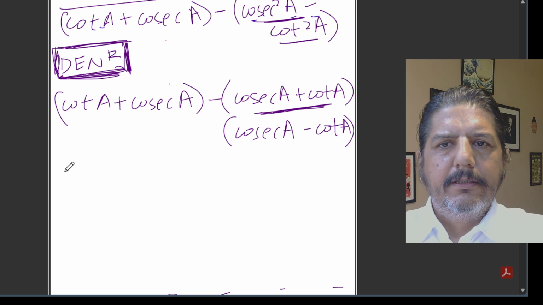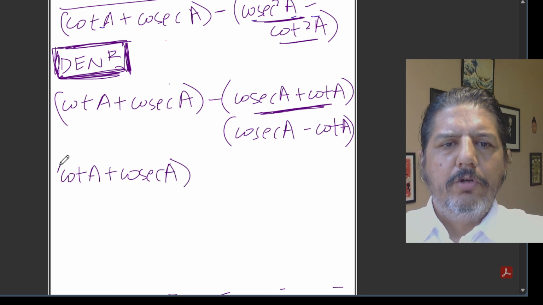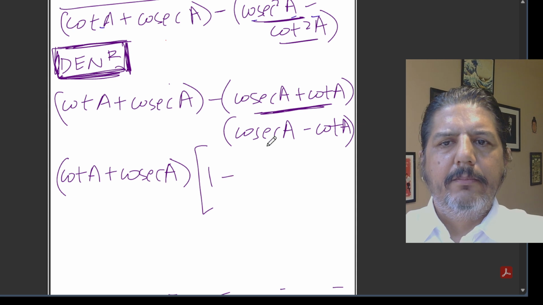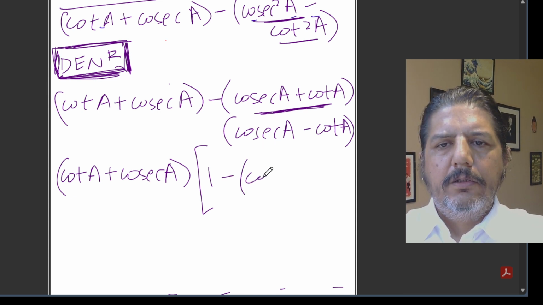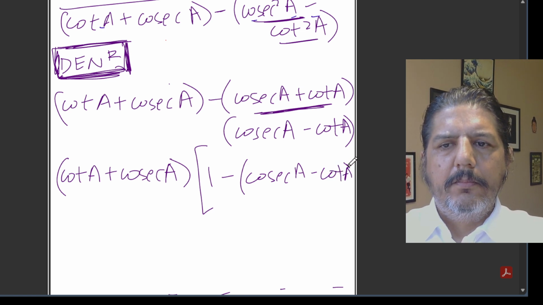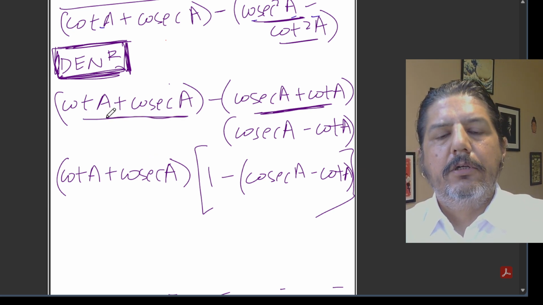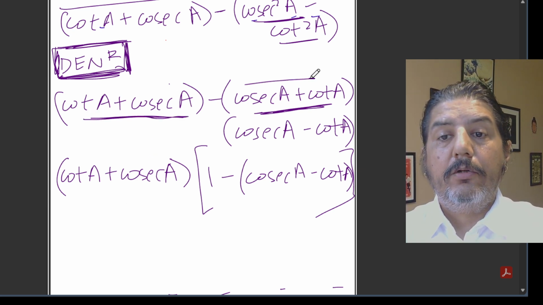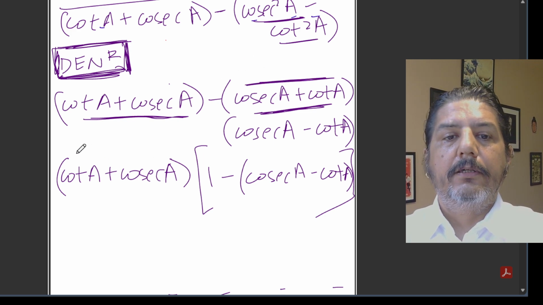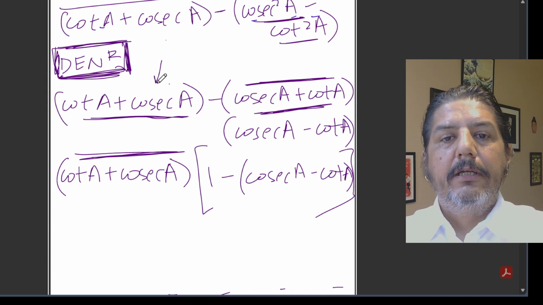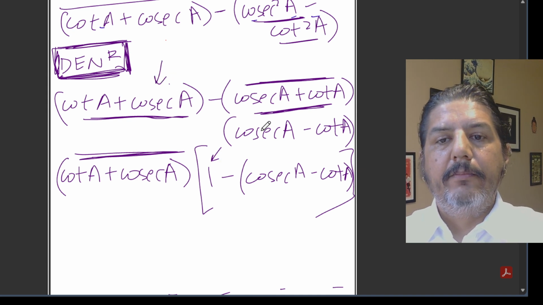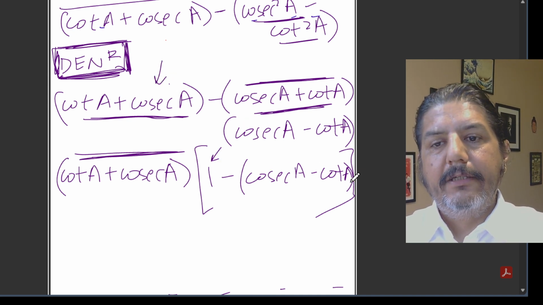So I take cot A plus cosec A as common, and this will be equal to 1 minus (cosec A minus cot A). Cot A plus cosec A is common, so I have taken it common, leaving a 1 here and minus (cosec A minus cot A).